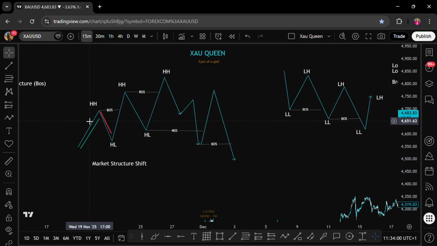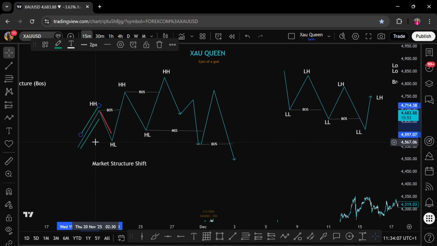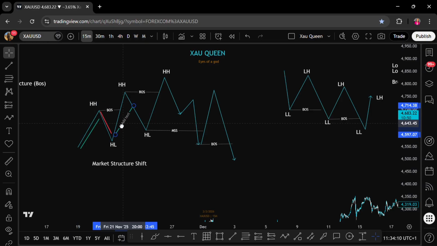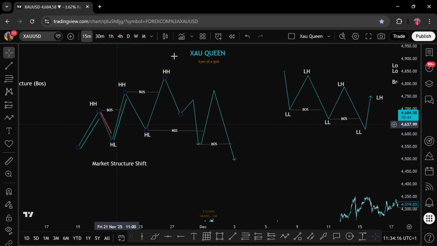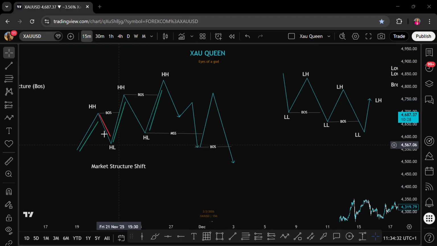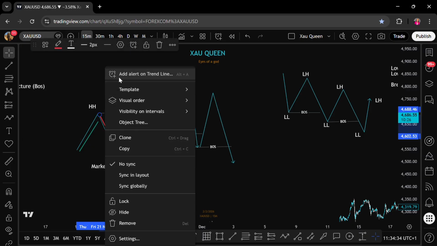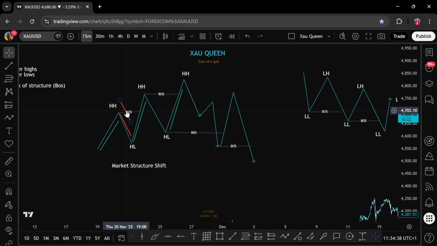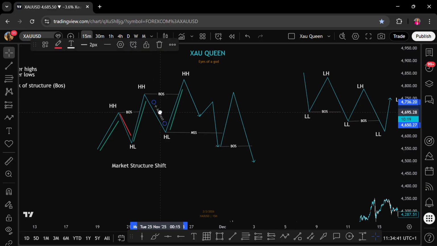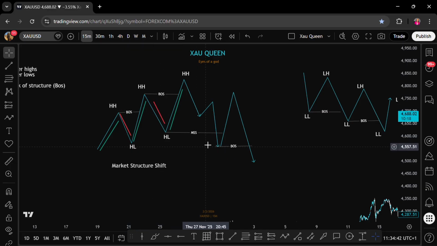Majorly, most of the time, we want to be trading this impulse move. We don't want to involve ourselves in the corrective move, because this impulse move is the main move. So we want to be trading the impulse move and then just watch out for the correction.